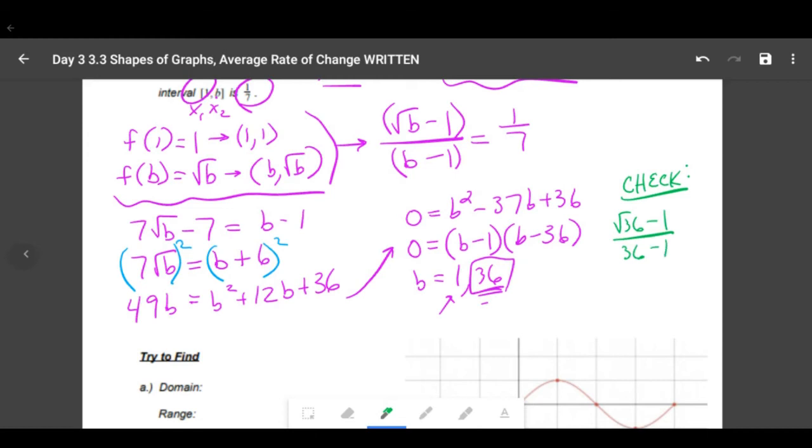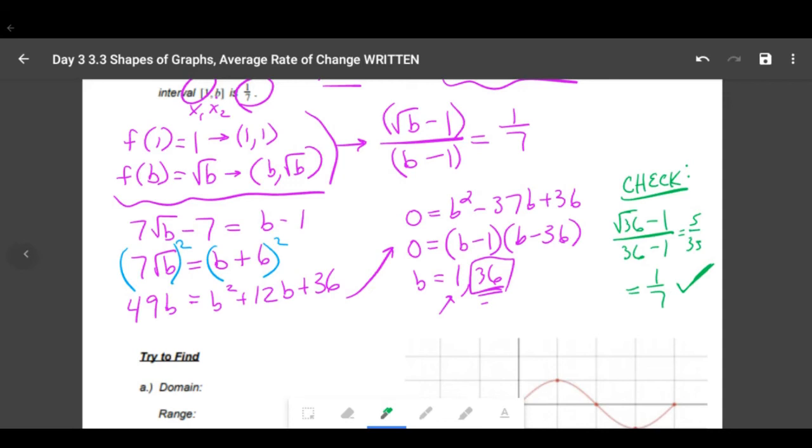Well, the square root of 36 is just 6. 6 minus 1 is 5. 36 minus 1 is 35. And if I do some great simplification, I got 1/7. So I know that everything worked out fantastic. That's just a way to check.